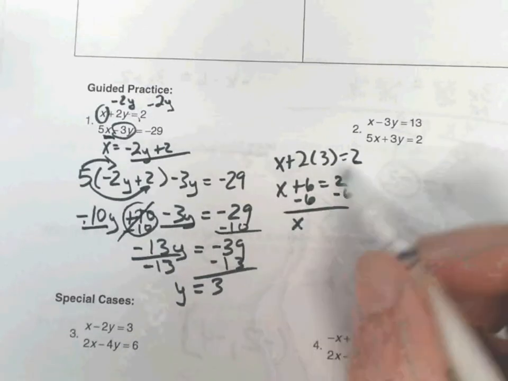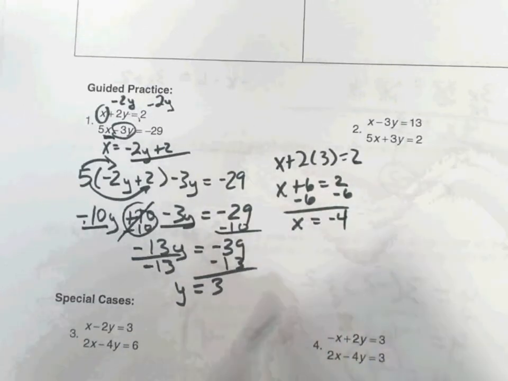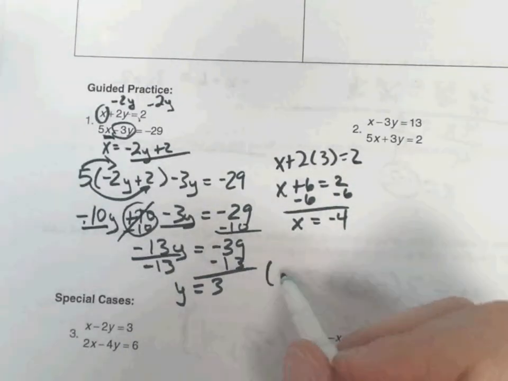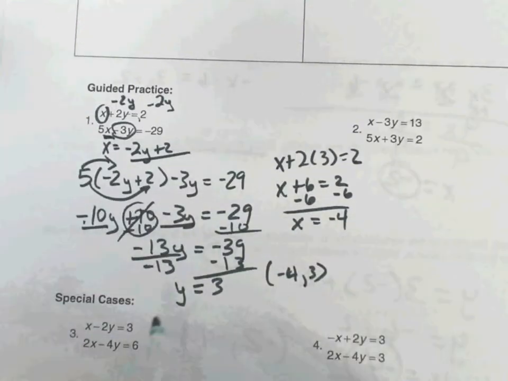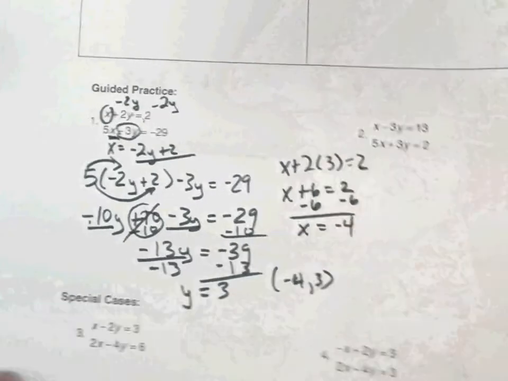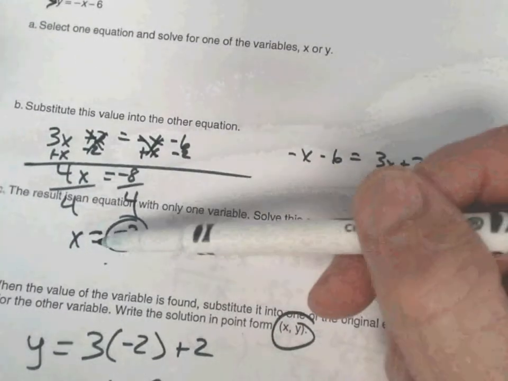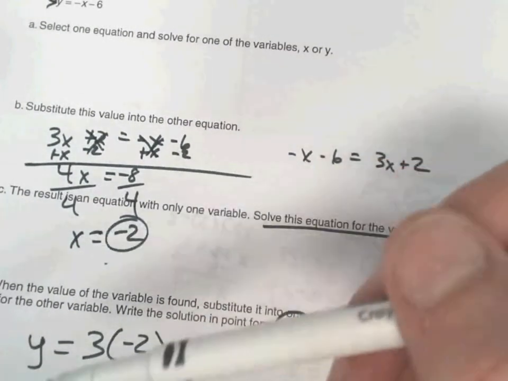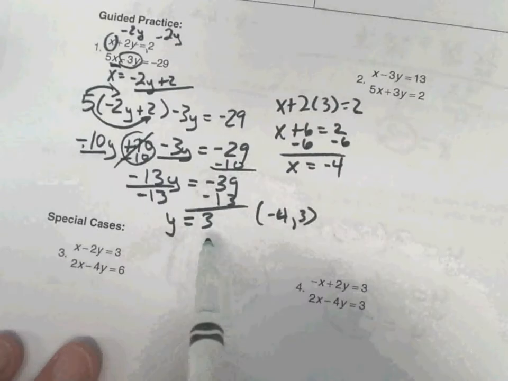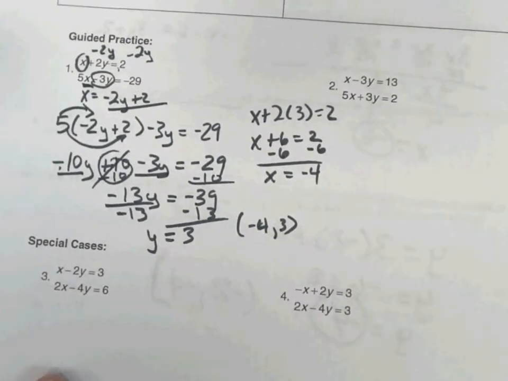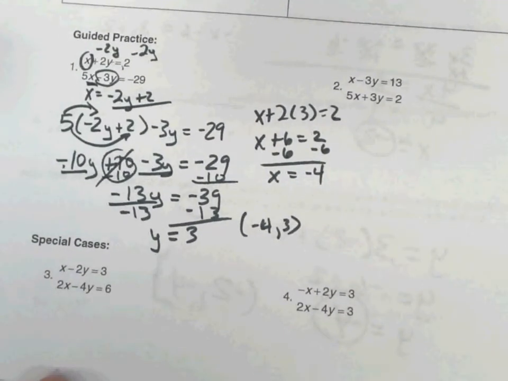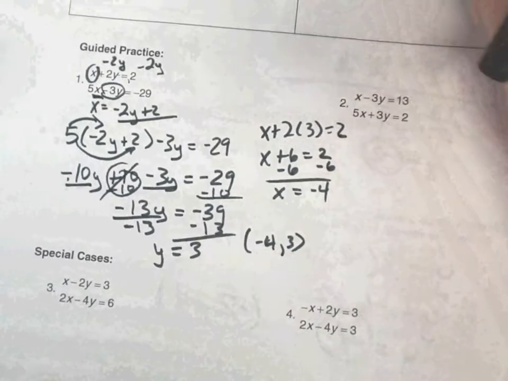Subtract 6 from each side, and I get that x equals negative 4. So my solution for this is negative 4 comma 3. Notice on the original equation, we found the value of x first, and then we solved for y. In this one, I found the value of y, and then I solved for x. It doesn't matter which one I do as long as I do the correct steps.